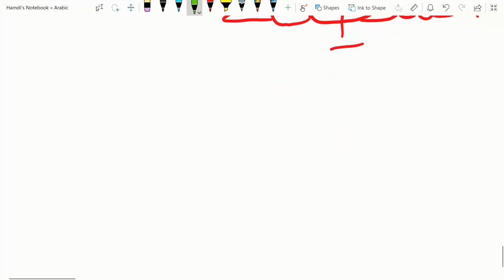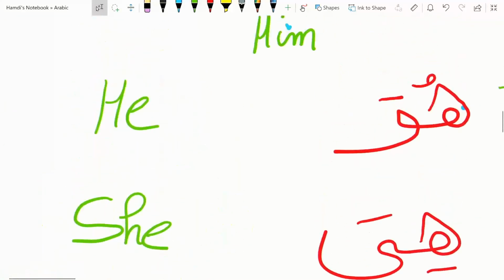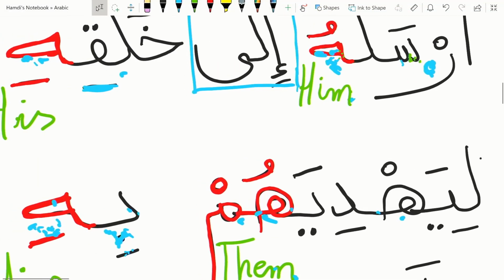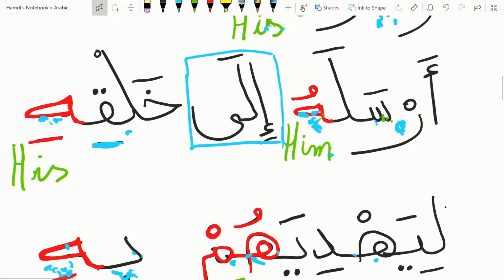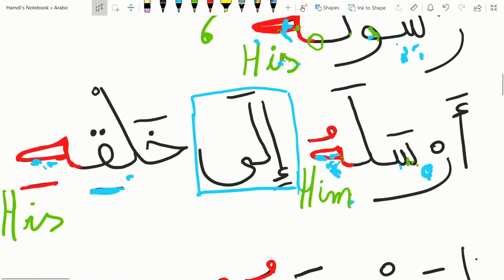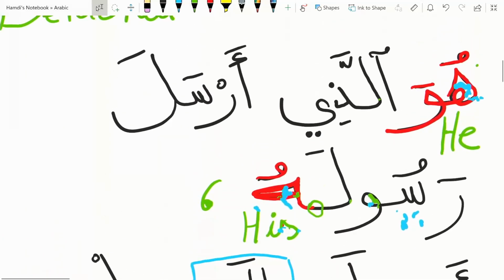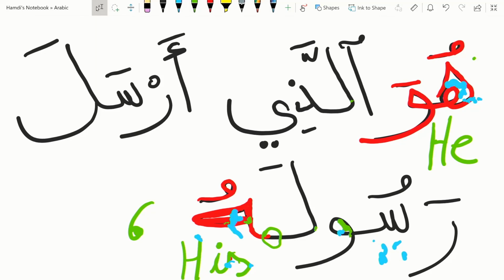You remember the example that we've seen already? The attached pronouns. I gave you the attached pronouns here. هو الذي أرسل, said he, هو, it is a detached pronoun.